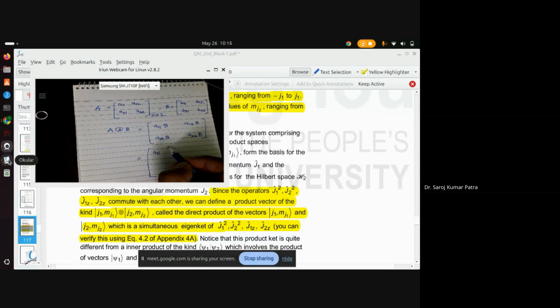A11, then it will be B11, B12, B21, B22. And here it will be A12, again B11, B12, B21, B22, and so on and so forth.